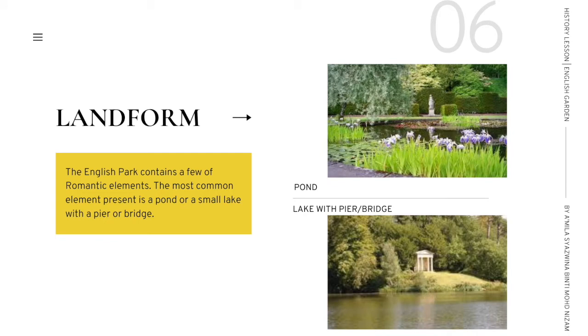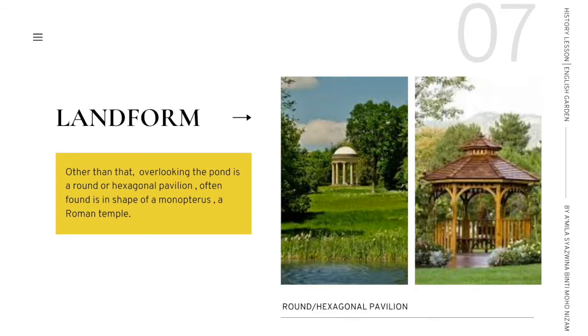The most common landform is a pond or small lake with a pier or bridge, like in the picture shown in the slide. Other than that, surrounding the pond or lake, there will also be a round or hexagonal pavilion, often in the shape of a monopteros, which is a Roman temple. That is the landform.